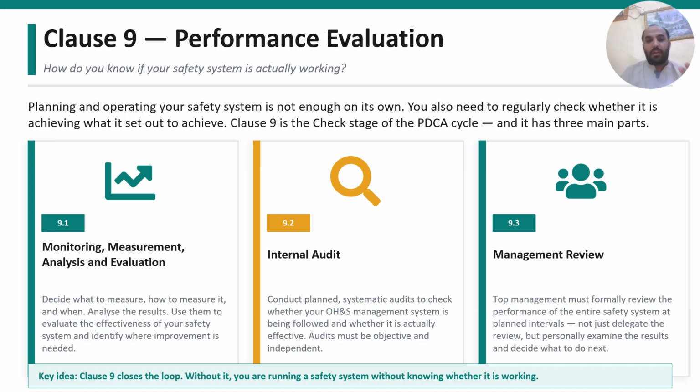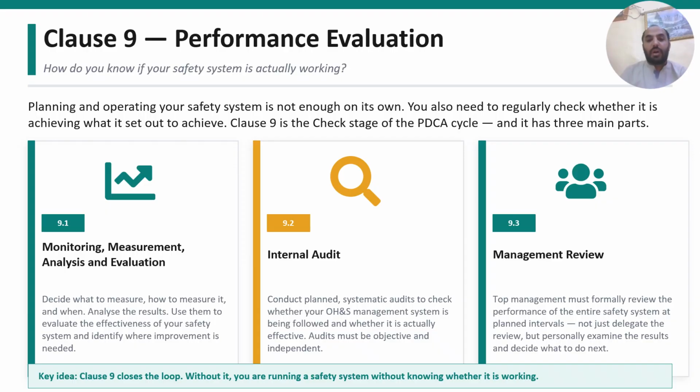The second part, clause 9.2, is the internal audit. This is a formal, structured, and independent process where the organization examines whether its safety management system is actually being followed and whether it is genuinely effective. The third part, clause 9.3, is the management review.